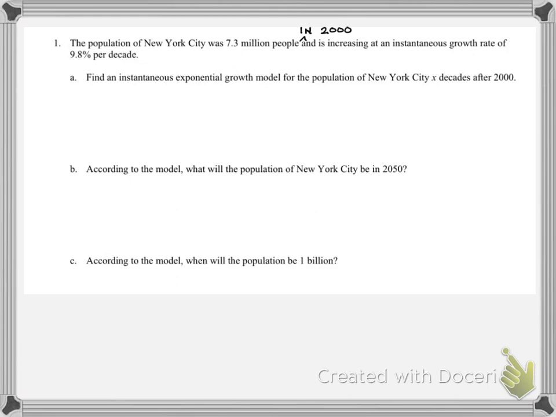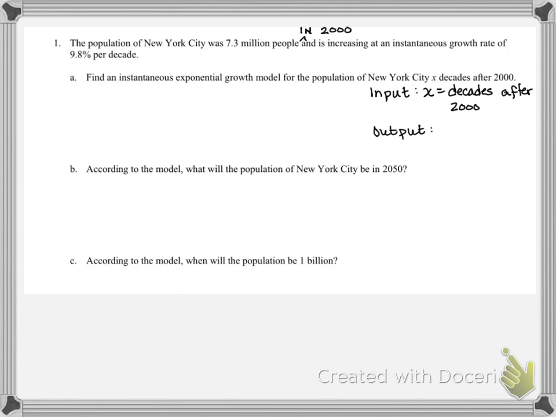So we want to think about first what our inputs and outputs are going to be, because they don't actually tell us. So they tell us that our input is going to be X, which is decades after 2000. And then our output, I think we should go ahead and measure in millions of people.